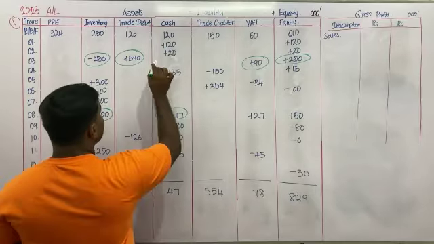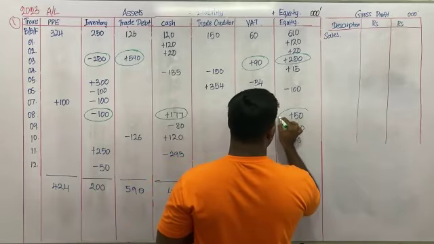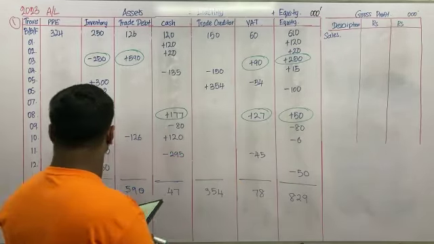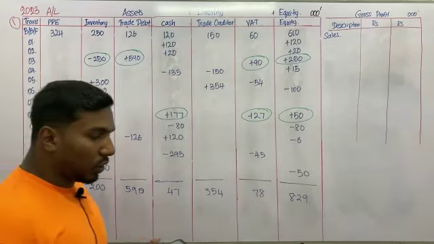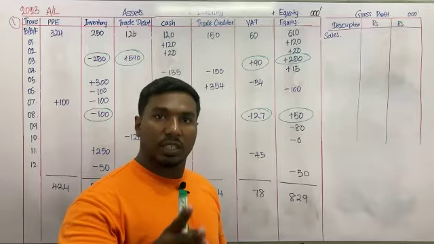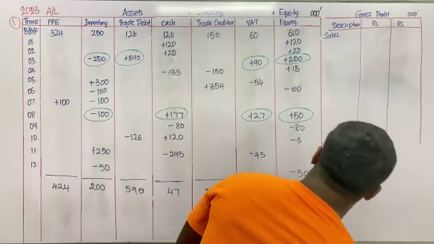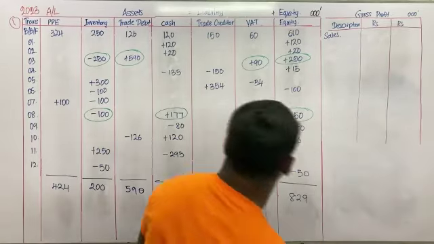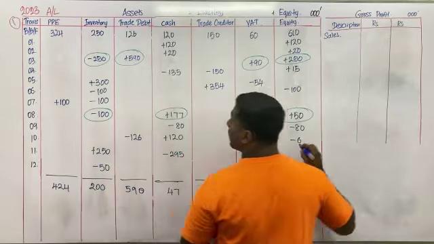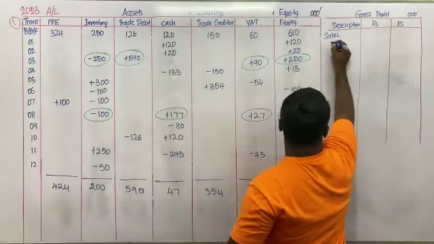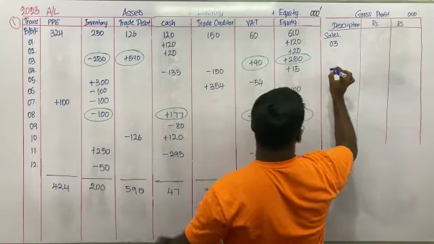Inventory minus, cash plus, VAT, and this. Do we have any transaction other than this? No. So these are the two transactions which are the actual sales. So now we can categorize them. Sales, transaction number 3, and transaction number 8.